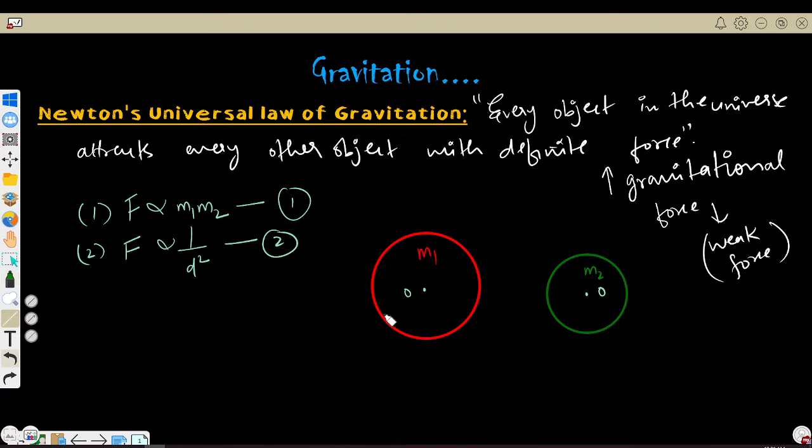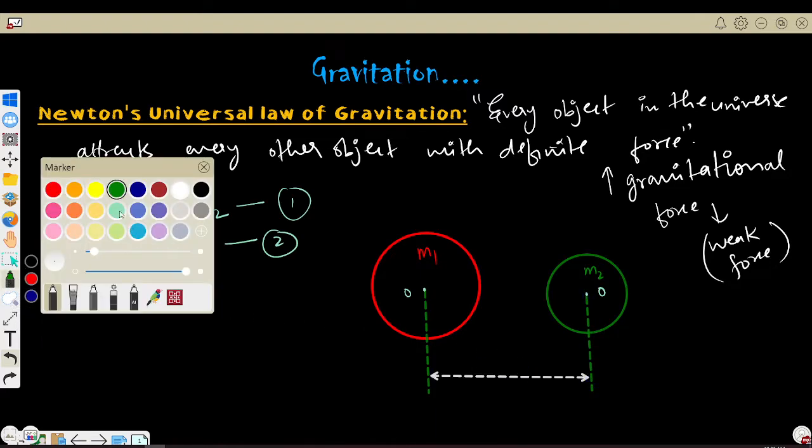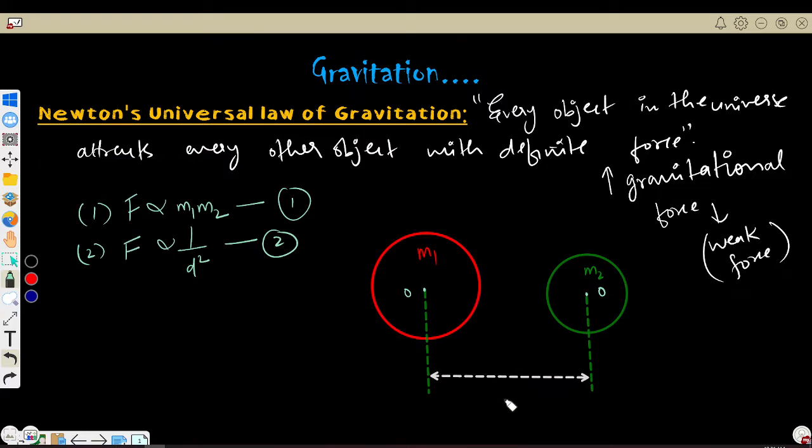To measure the distance between the two interacting bodies, we will need to know the exact geometrical centers of the two bodies. So I have marked the centers. From this I will draw a line. And if you measure the distance, let's say that the distance between the two objects is small d.